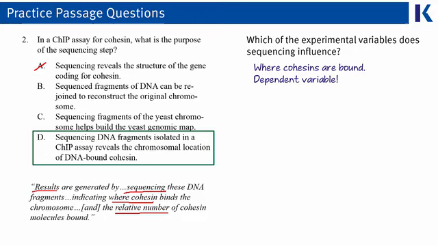Also, sequencing can be used to map an organism's genome, and scientists actually do this by sequencing individual chunks of the genome and then stitching those chunks together to reconstruct entire chromosomes. This was famously done in the 1990s in the Human Genome Project and actually has been done for many model organisms in the time since. So A, B, and C, all true facts, all things you may have known about sequencing, all misapplied here.